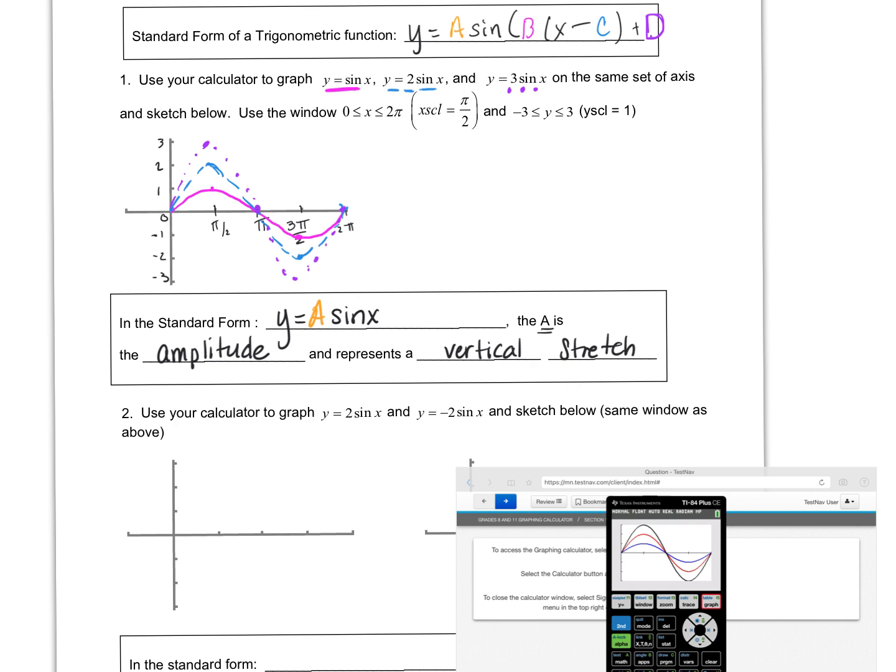Okay, all right. And I want to define what it describes. The amplitude describes the height of the graph, both above and below a horizontal line.